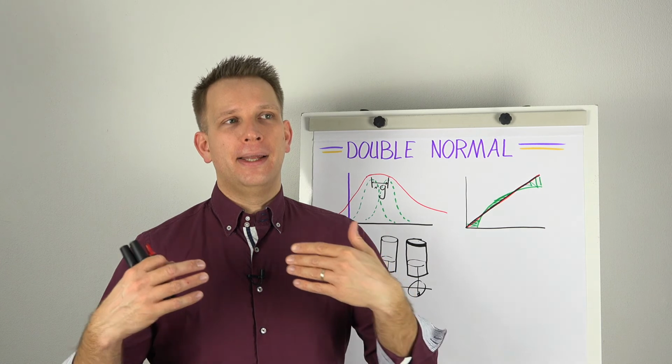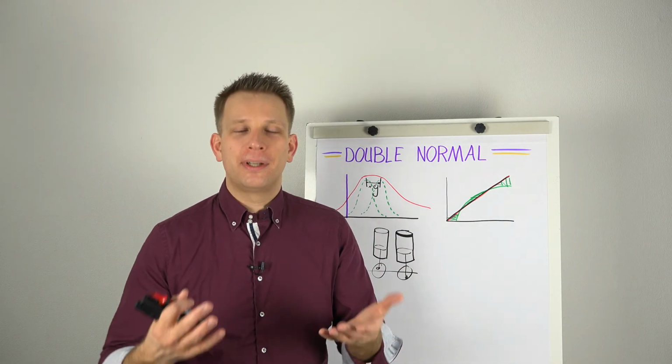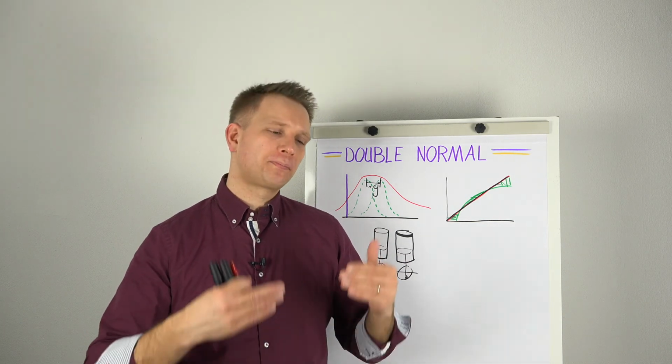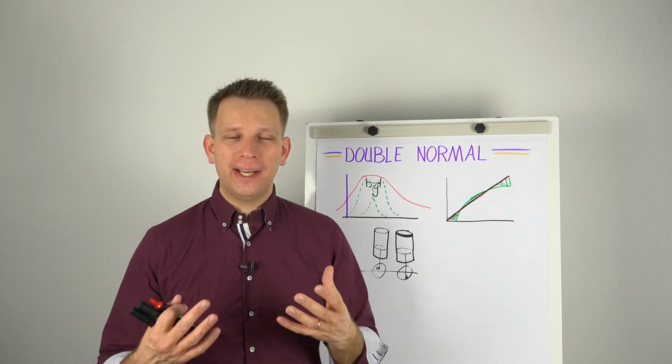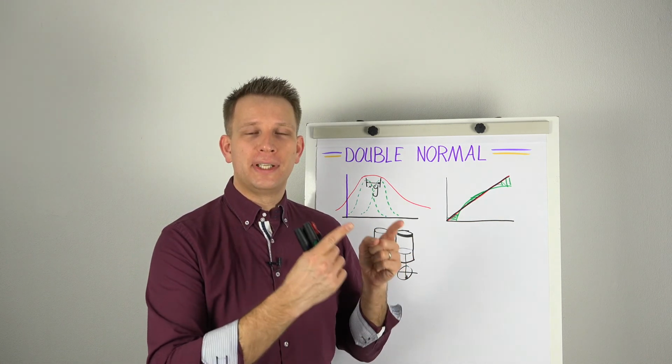So the physics move over into the statistics. I always tell at least black belts and master black belts that they should definitely know what the statistics are doing, also to know which data to disregard.